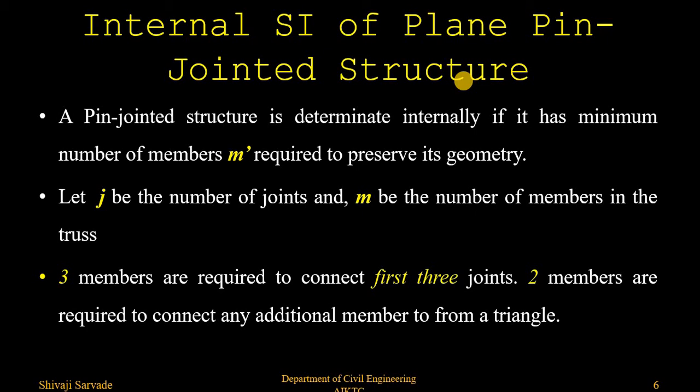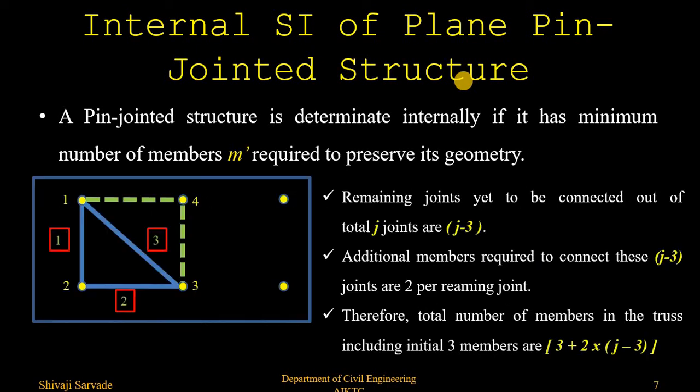Now if I say I have J joints in the structure and M as the number of members in the truss. Now if you check, I have a triangle here. The first, second and third joints require 1, 2 and 3 members to connect. In addition to that, I have a fourth joint. Now if I wish to connect this to my truss, I will have to add 2 more members.